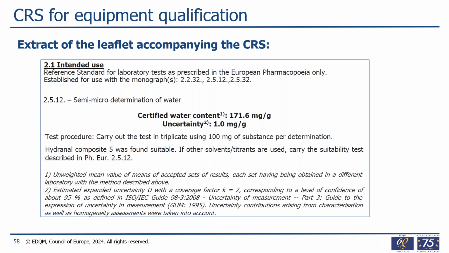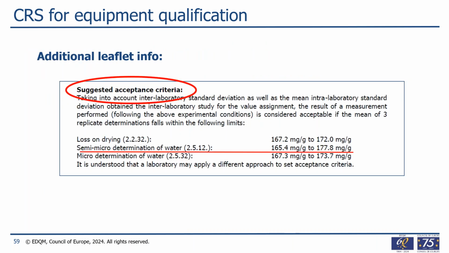However, this was proven not to be straightforward because we have received many help desk questions on the subject, and therefore in the leaflet we include suggested acceptance criteria. It is important to note that, of course, other criteria may be chosen, and you still need to demonstrate the suitability to the competent authorities, even if you use the suggested acceptance criteria.